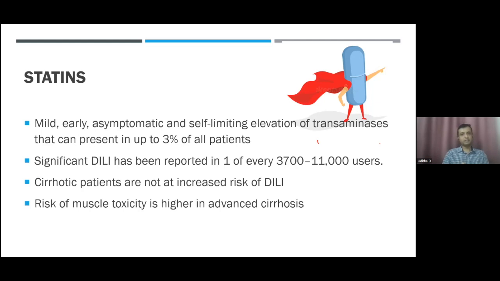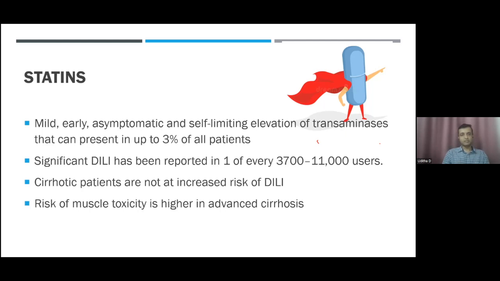This was mainly because of the risk of drug-induced liver injury. So statins were thought to be potentially hepatotoxic, and because of that, it was recommended to universally avoid statins in patients with cirrhosis. But when you actually go into the details or the numbers of statin-related liver injury, the most common one is a mild, early, asymptomatic, and most importantly, self-limiting elevation of AST and ALT in about 3% of patients.